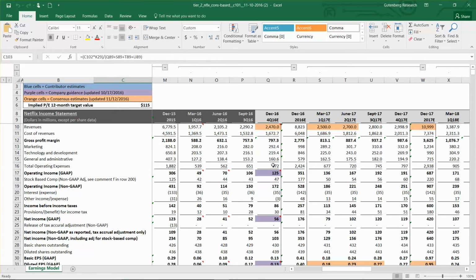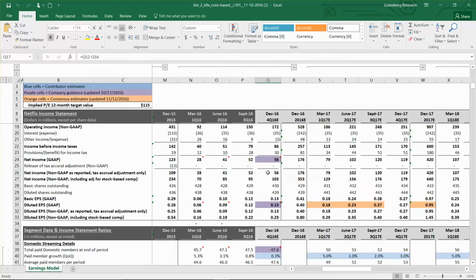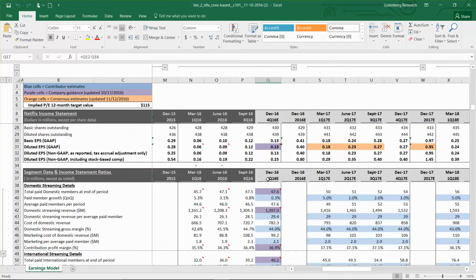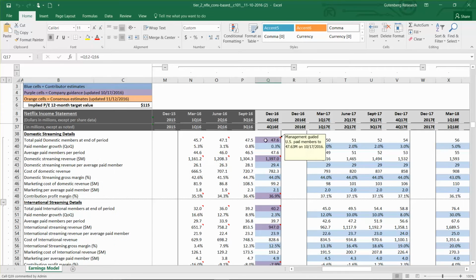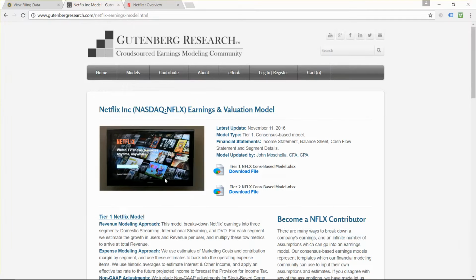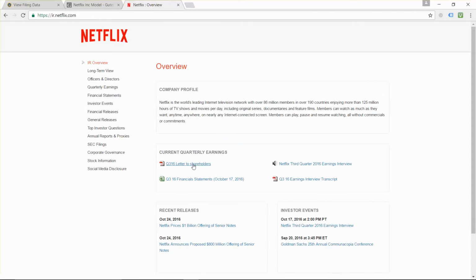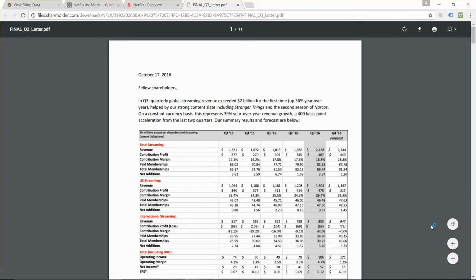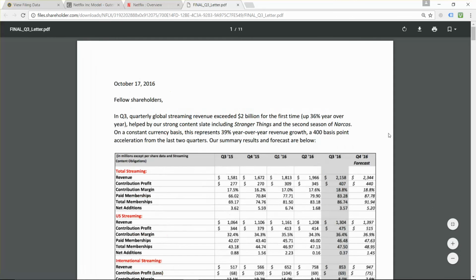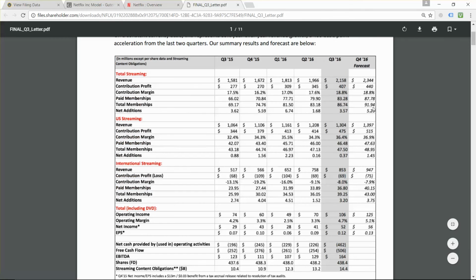So let's get started. The first thing to notice is that we have a bunch of cells in the fourth quarter shaded purple, which represents management's guidance. So let's take a look at the guidance that management gave in the last shareholder letter. If you go to the investor relations page and click the shareholder letter for the third quarter, you can see that they give guidance for the fourth quarter.